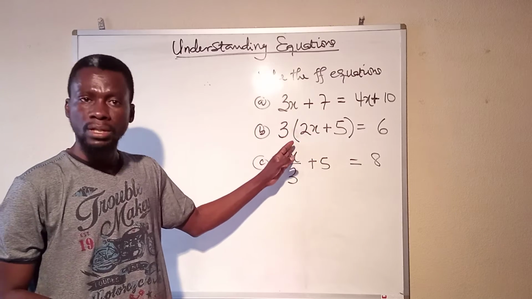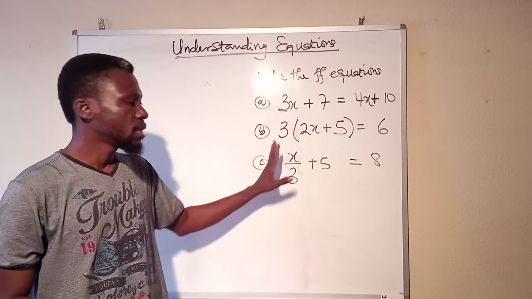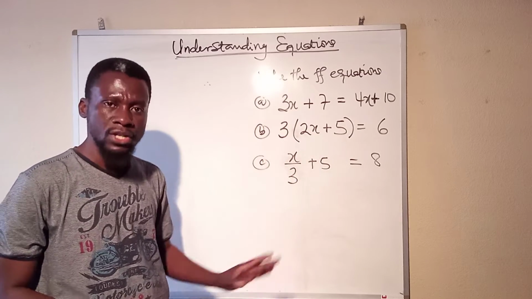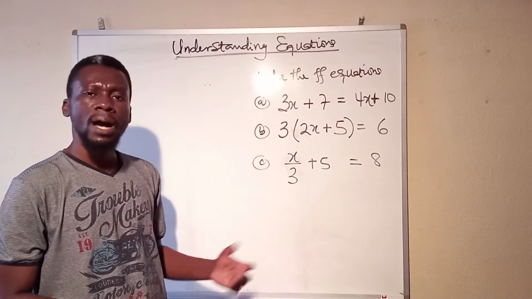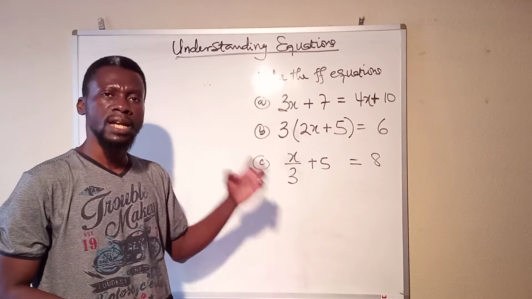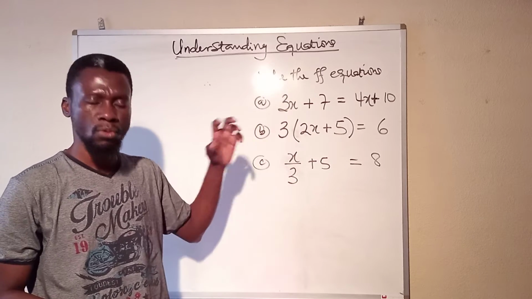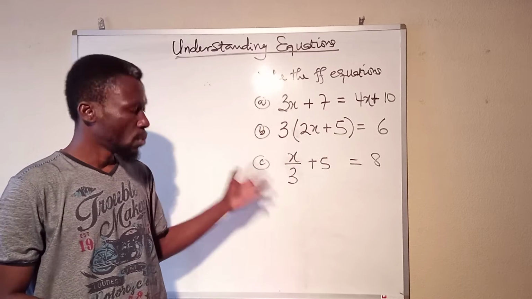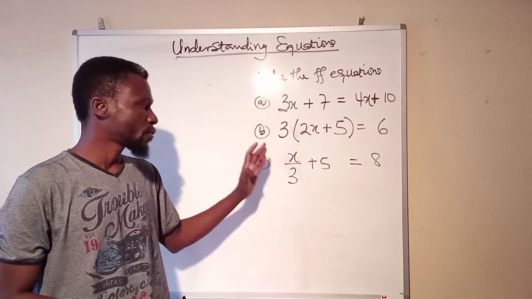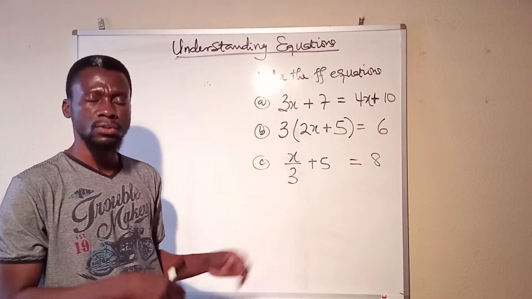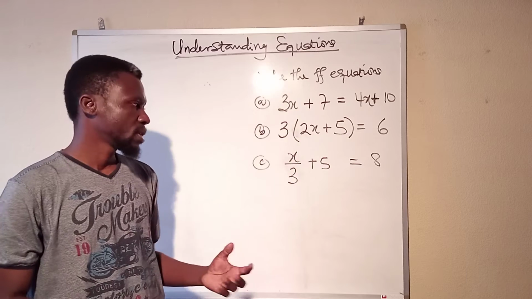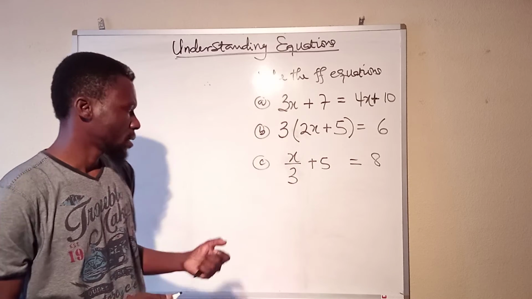Then this is an equation containing a bracket. Then this is an equation containing a fraction. Most of the time, an equation that has got fractions will turn into an equation that has got brackets. The reason we shall see later on.